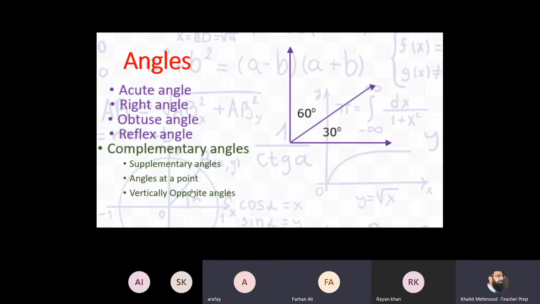Okay. Clear. Now, complementary angles are those angles whose sum is 90 degrees. So let's check what type of angles are complementary. Now I'm showing a few examples. Here you can see we have this type of angle.